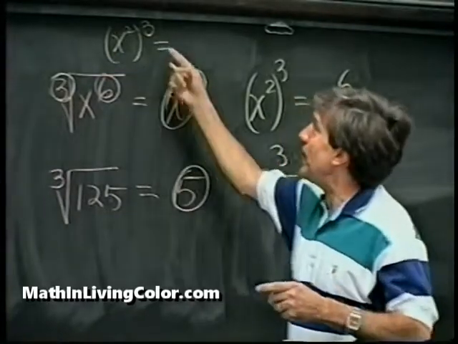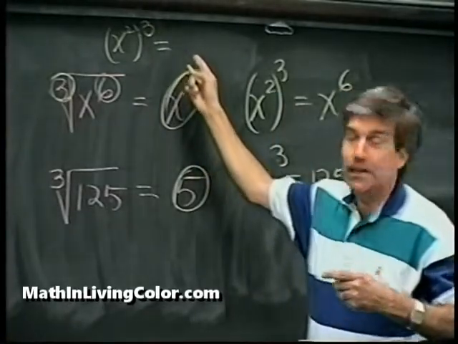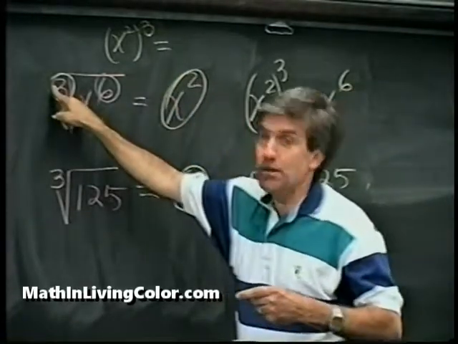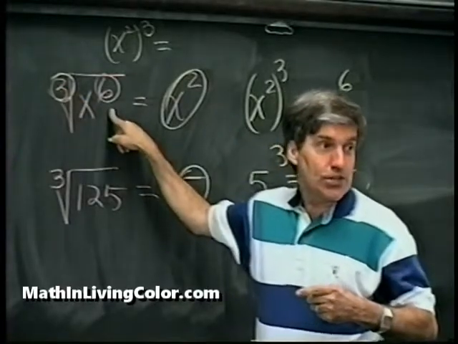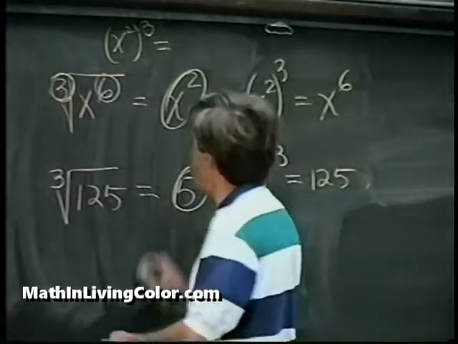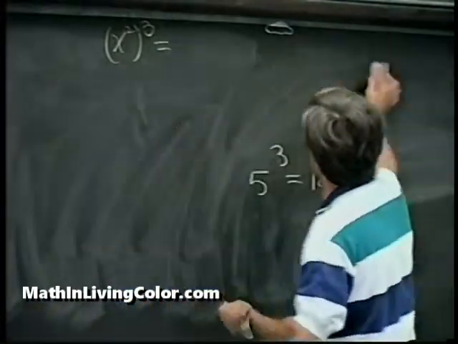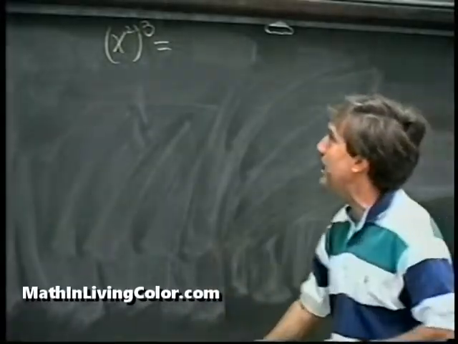So if when you raise a power to a power, you multiply exponents, doesn't it seem reasonable that when you take a root, you'd be doing the opposite thing, which is dividing exponents? Yes, isn't that neat? So all you have to do is just remember that when you have a root, you divide exponents because it's the opposite of raising to a power.